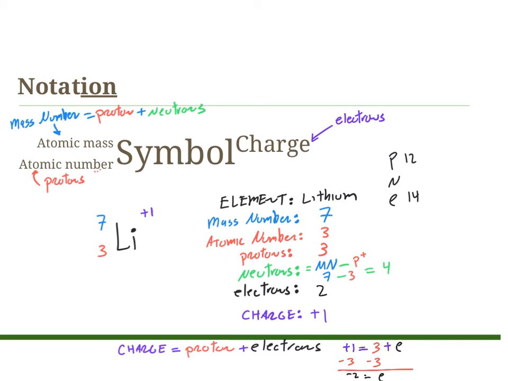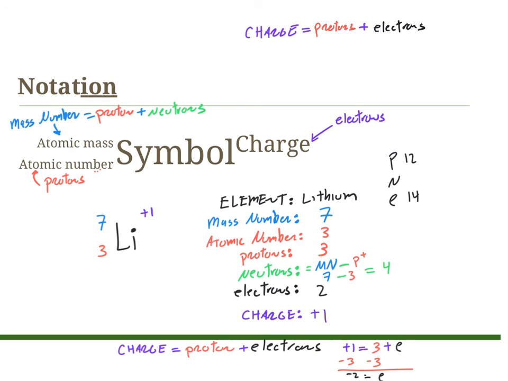And the same thing works if we have a negative charge. So an arbitrary atom would be something like, let's see, charge is equal to protons minus electrons.